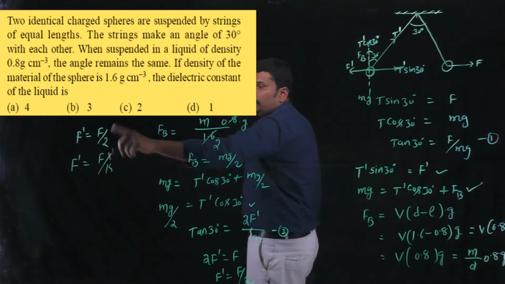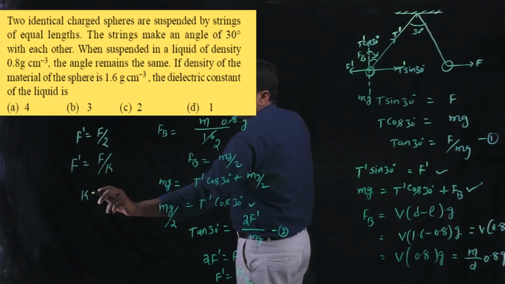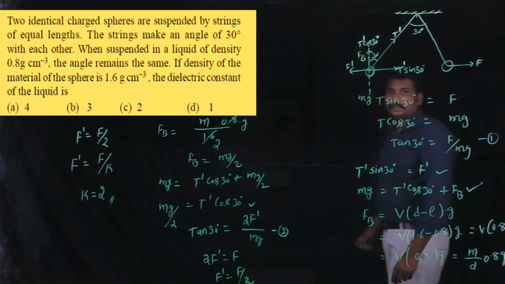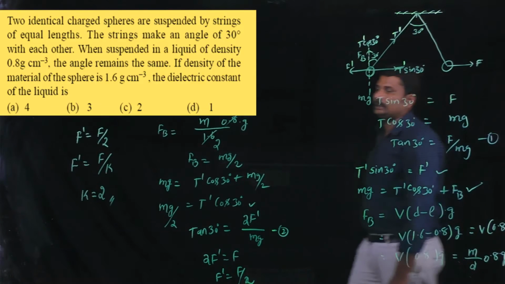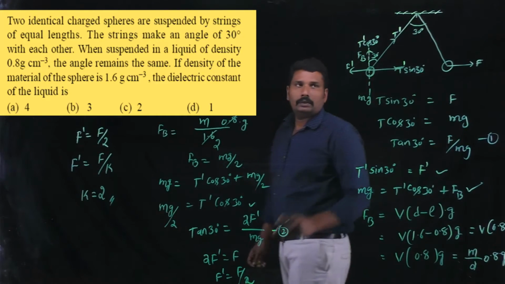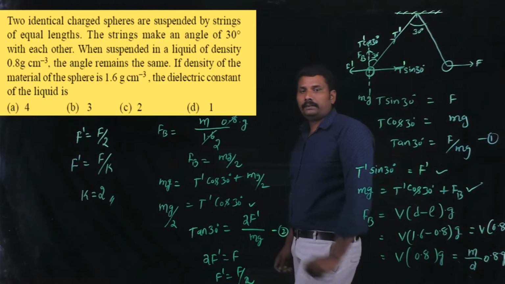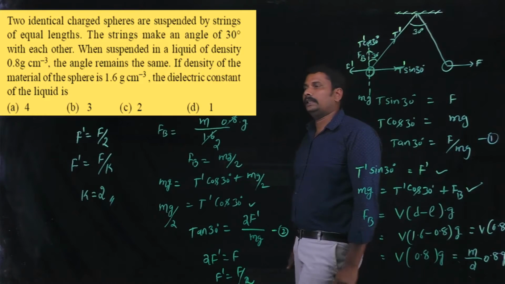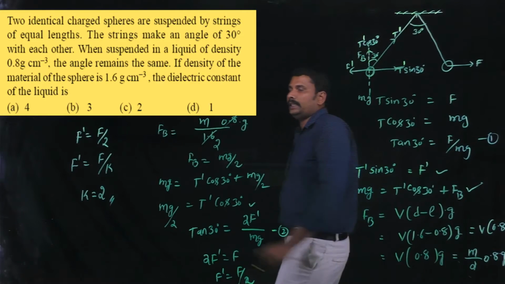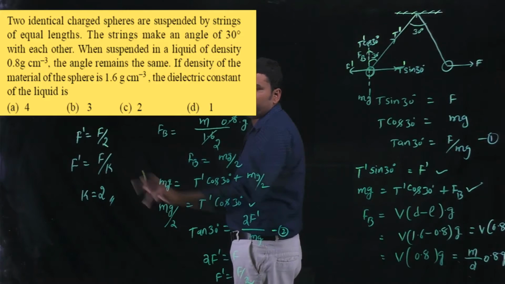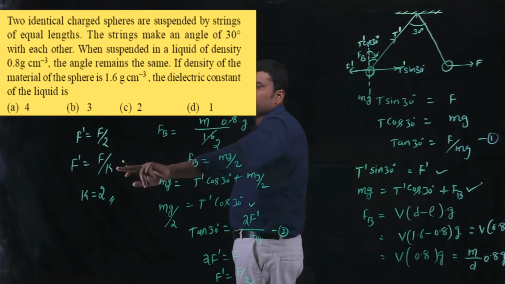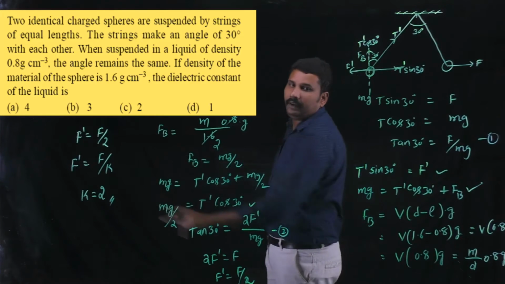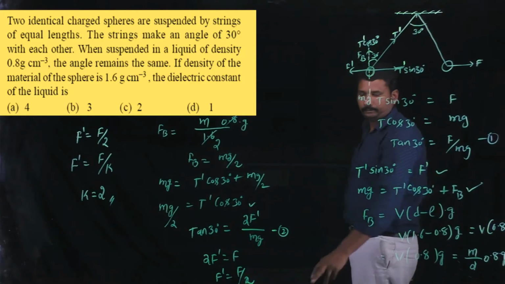By comparing these two, we get the dielectric constant k equals 2. The electric constant of the liquid is k equals 2. When these spheres are immersed in a liquid medium, the medium has some dielectric constant. The formula is f dash equals f by k. On comparing these two equations, in the place of k we have the value 2. That's why the dielectric value is 2.